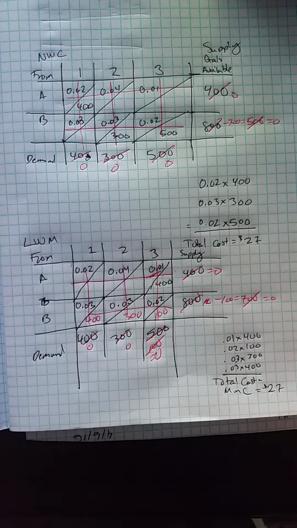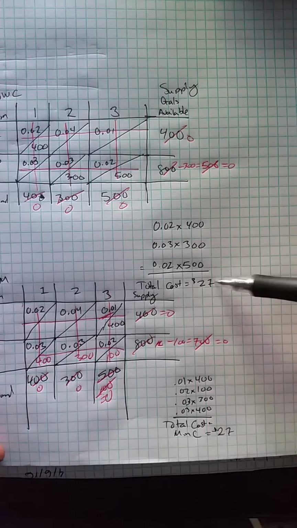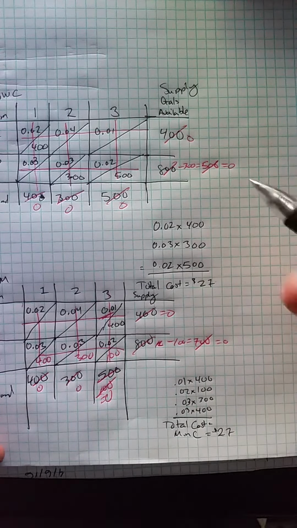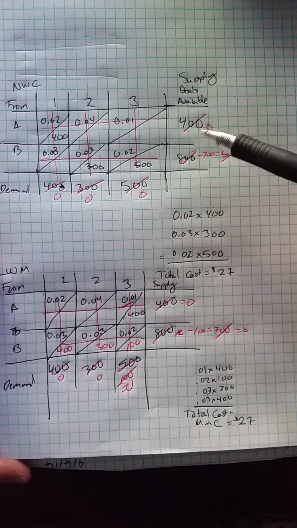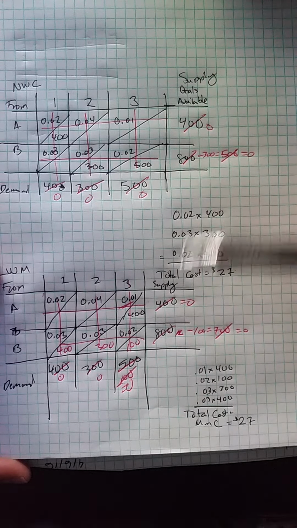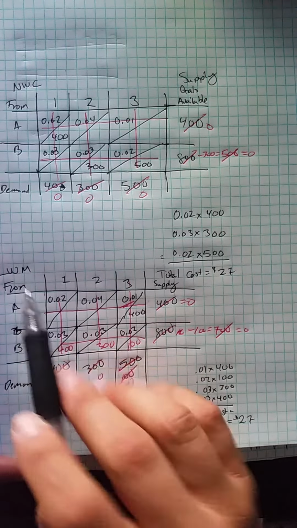So on this one, it didn't really matter. They both equal the same thing, but I know he's going to probably want to see all your work to show that you know these two methods. Again, northwestern corner and the least cost method.